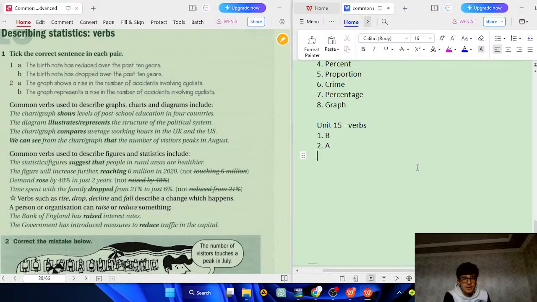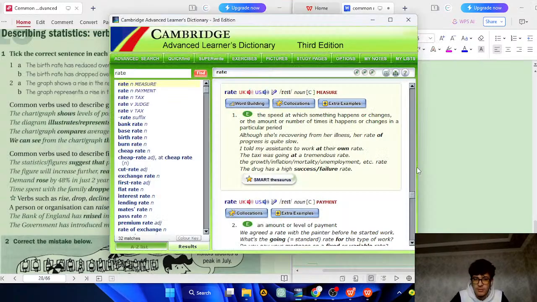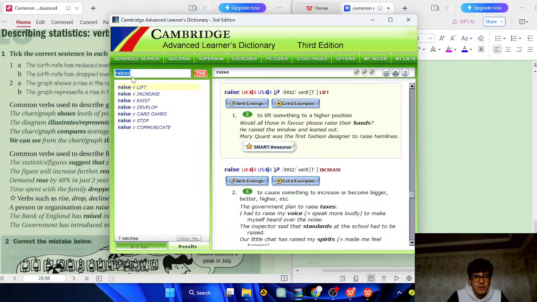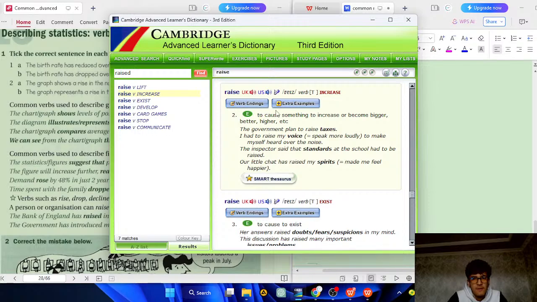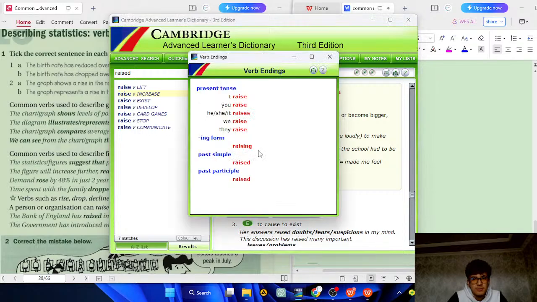Raised. Not raised? Of course not raised, right? You can say raised, fell, but where's rose?